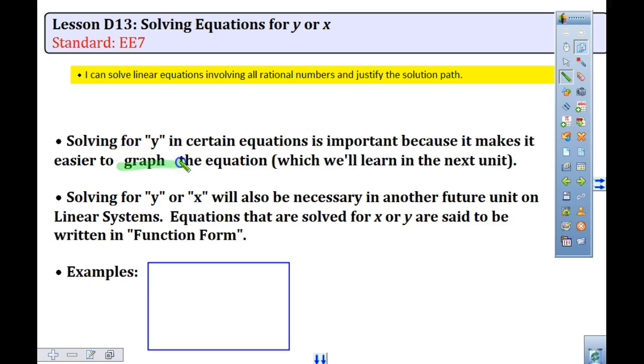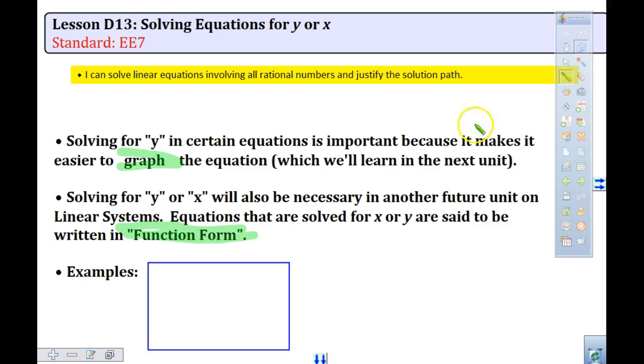It's going to be called our slope-intercept form. The other thing we are looking for in your notes is that we can solve for y or x. The reason, again, is that we are writing it in what's called function form, sometimes referred to as slope-intercept form.